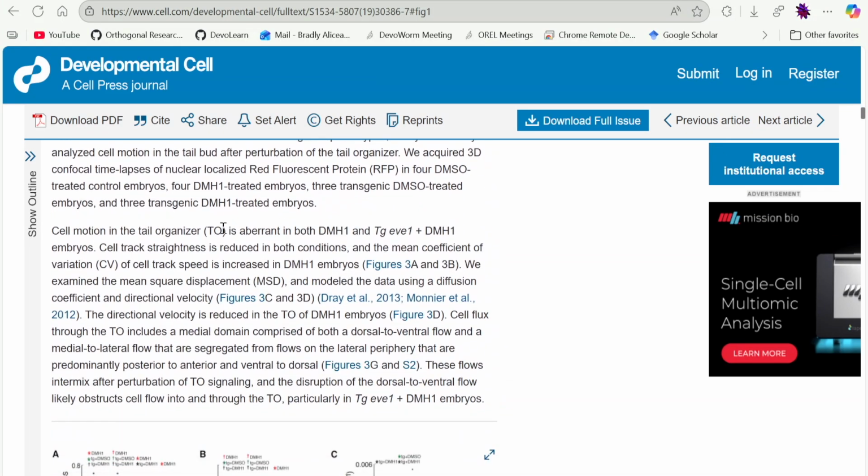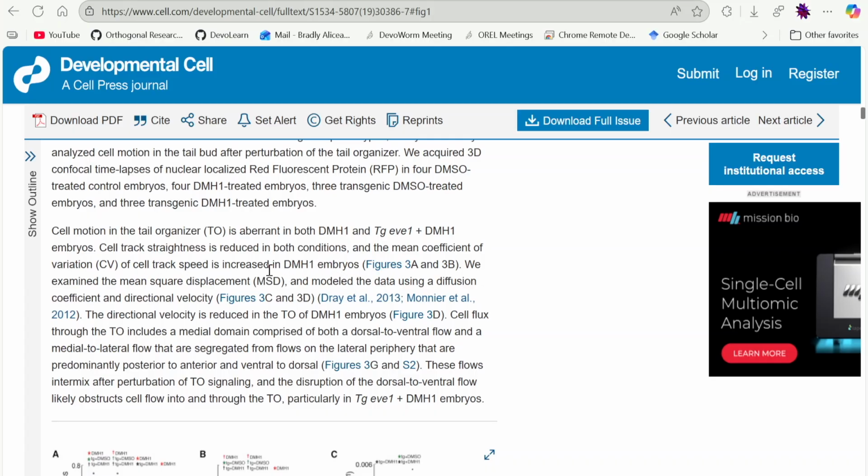And then they talk about cell motion. Cell motion in the tail organizer is aberrant in both DMH1 and transgene Eve1 plus DMH1 embryos. So whenever it's being perturbed by DMH1 in the wild type and in the transgene, cell tract straightness is reduced in both conditions, and the mean coefficient of variation of cell tract speed is increased in DMH1 embryos.